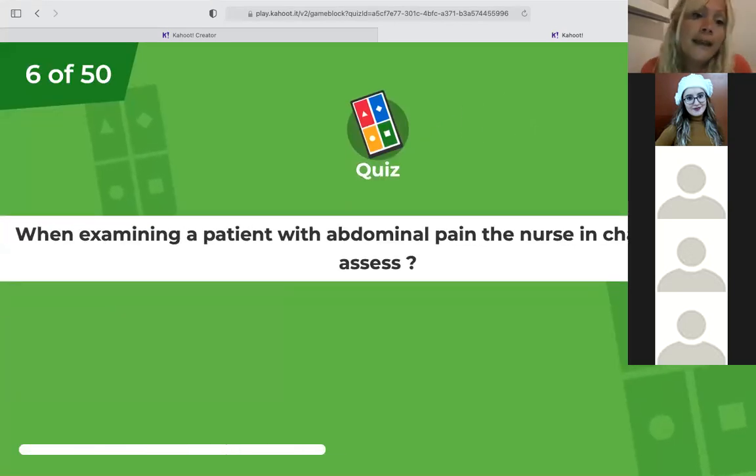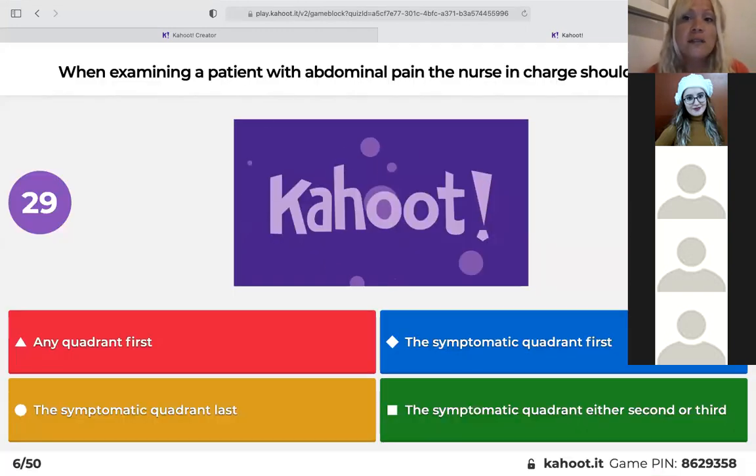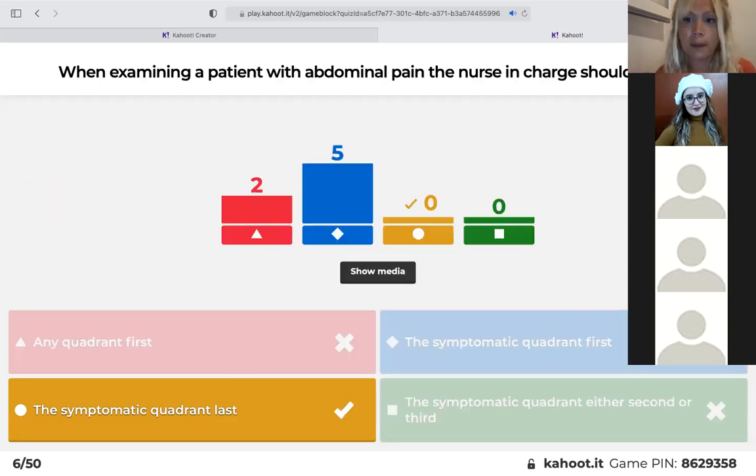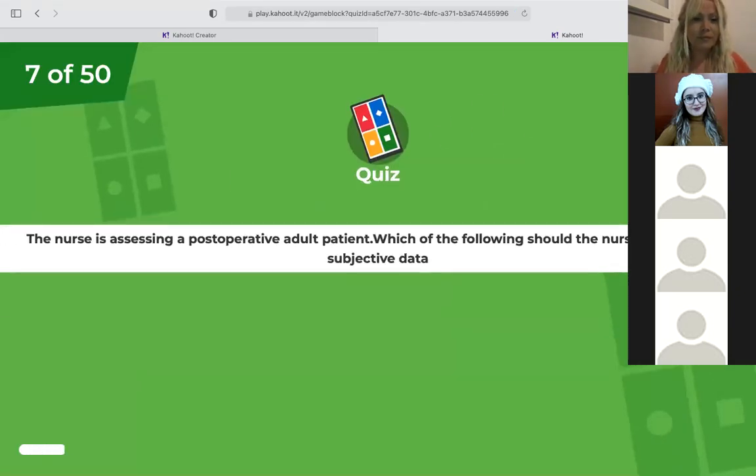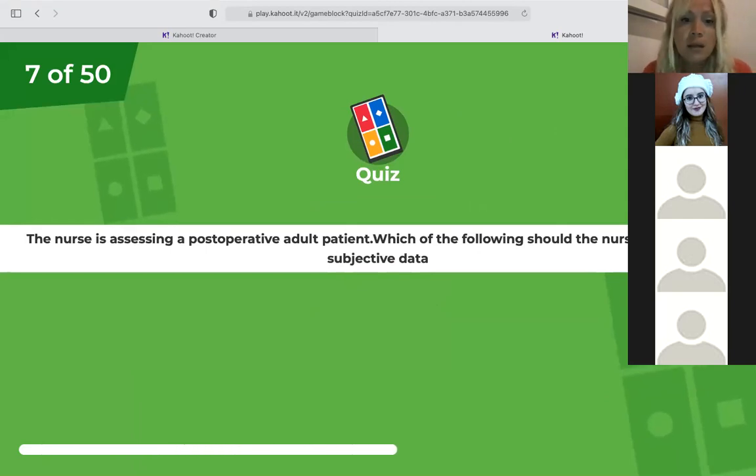The next question: when examining a patient with abdominal pain, the nurse in charge should assess what? The nurse is assessing a post-operative adult patient.